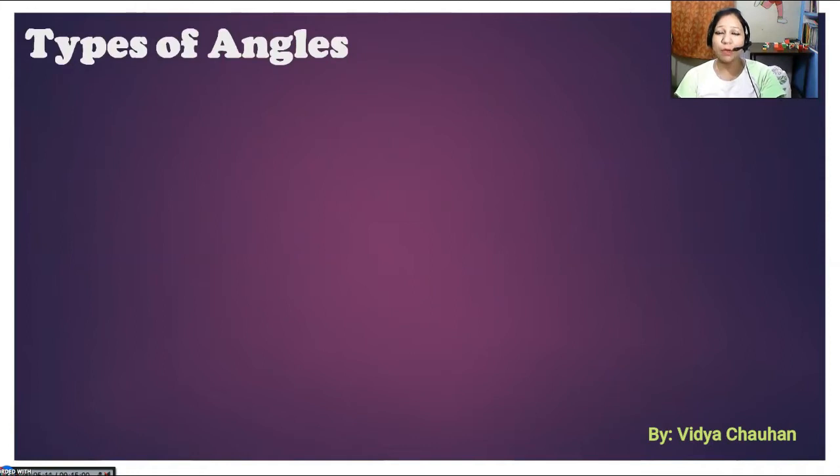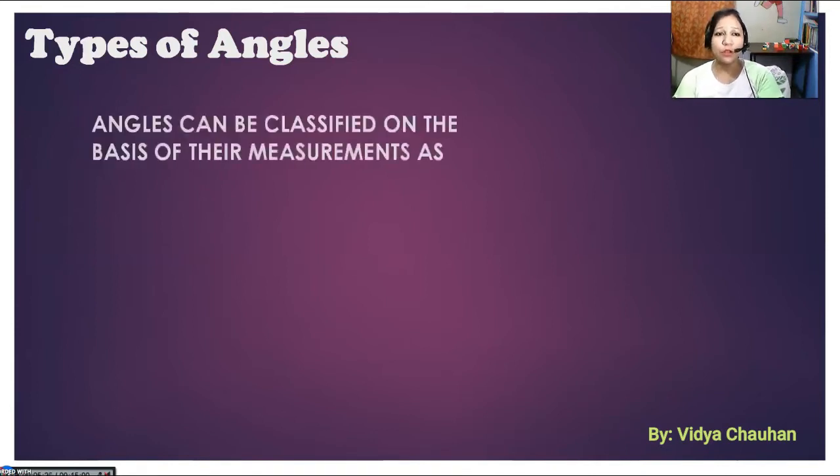Now, the next is our types of angles. Having discussed angles, parts of angles, and the interior and exterior portions, let's move forward with the very important topic of this chapter, which is types of angles. Angles can be classified on the basis of their measurement.